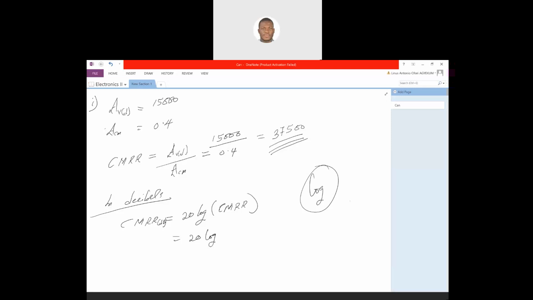Now, when I write log like this, what does it mean? To what base is that? When you see someone write just log like this, what is the base of the log?